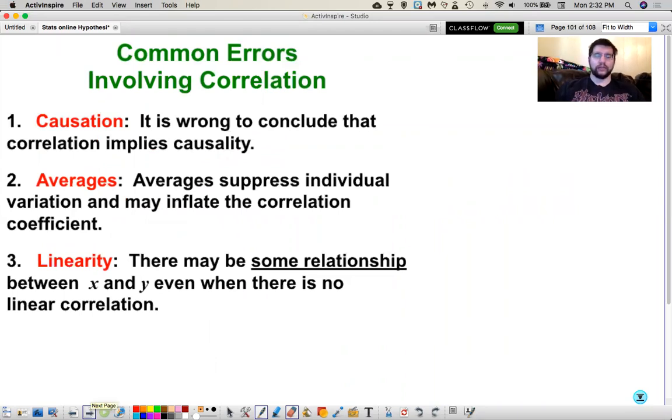Now, don't make the assumption that because there's a correlation, there's a causation. That is not true. Just because two things seem to be related doesn't mean that one caused the other thing. Let's think.